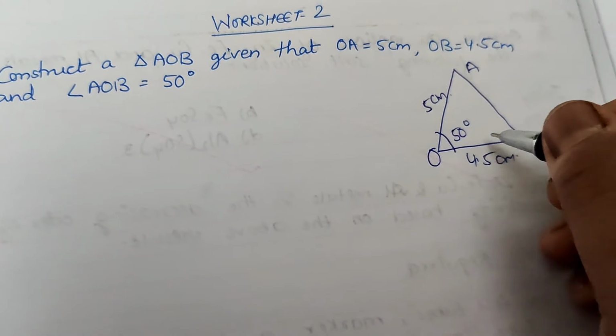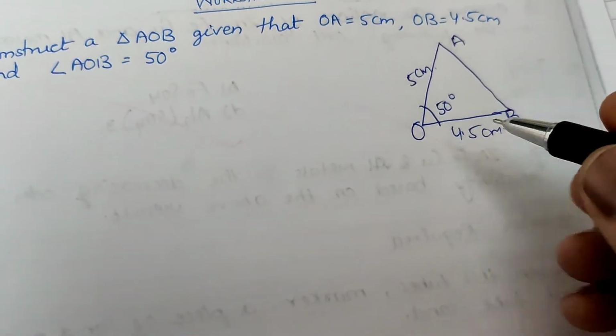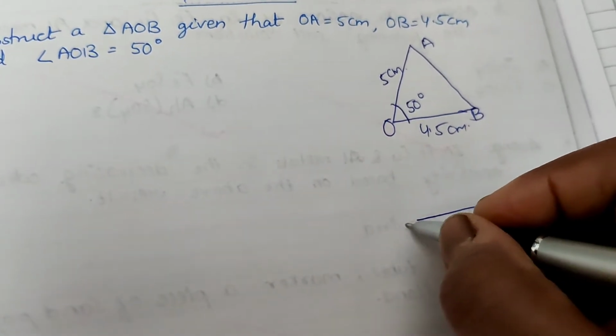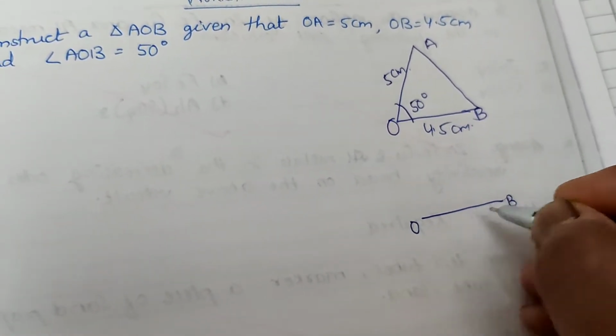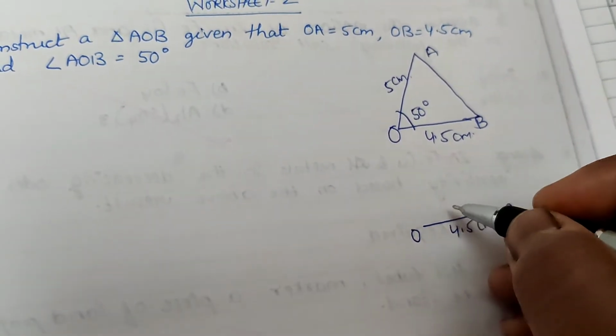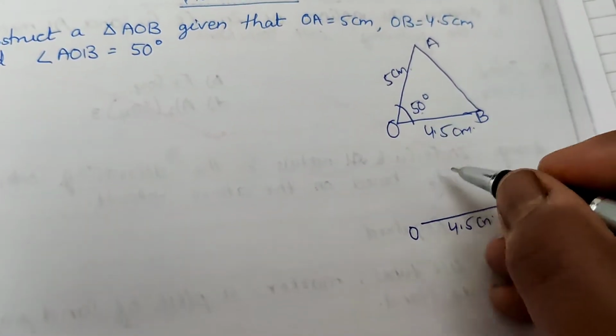Now the steps of construction. First step is to draw OB equal to 4.5 cm. Now make an angle of 50 degrees with the protractor.